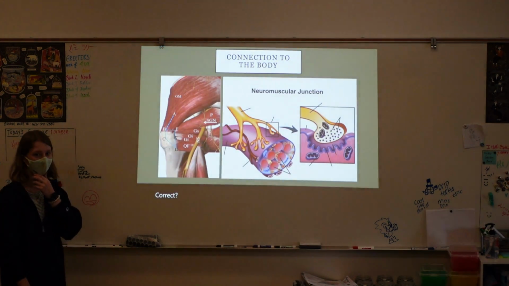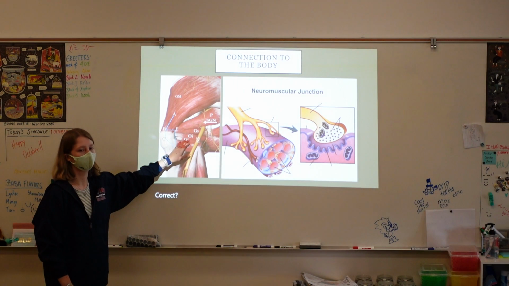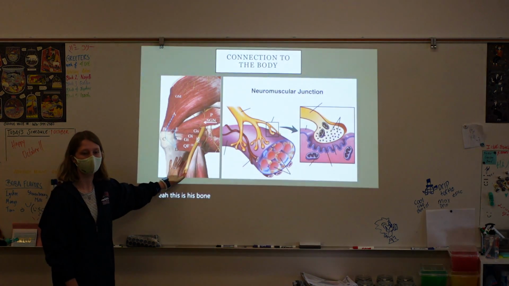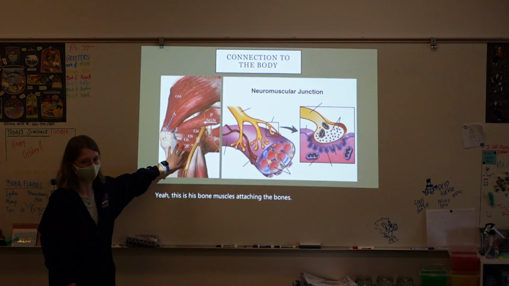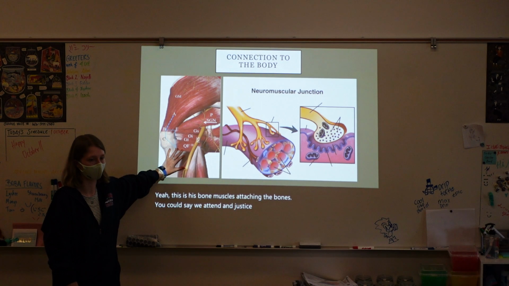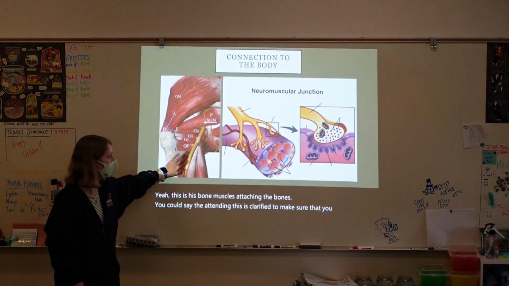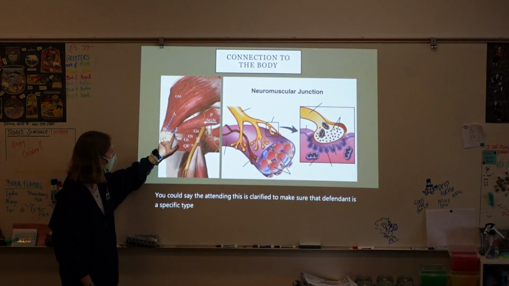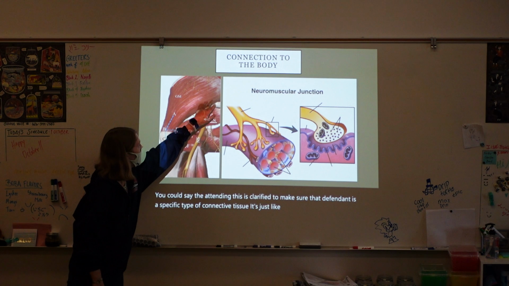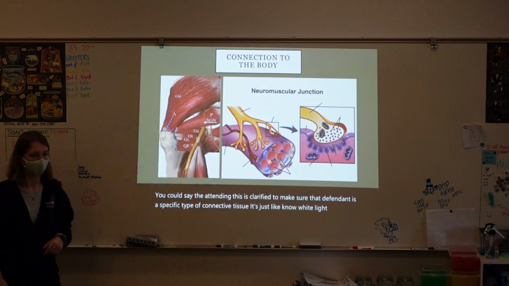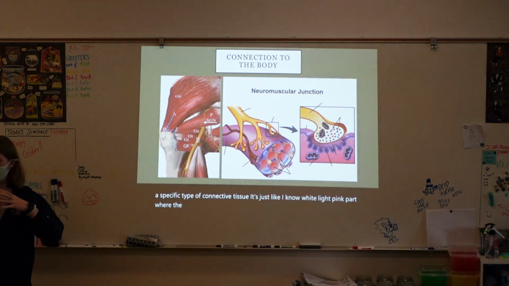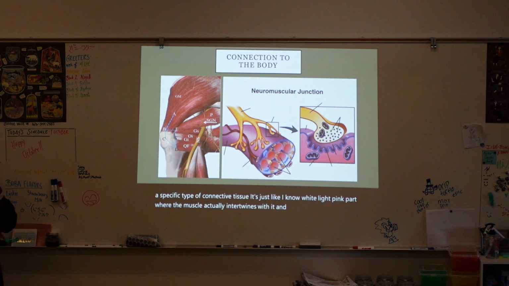Which one's this one? This one? Yeah. This is just bone, like muscles attaching to bones. You could say via tendon, just to clarify. The tendon is a specific type of connective tissue. It's this kind of whitish, light pink part where the muscle actually intertwines with it and it's continuous. So good.